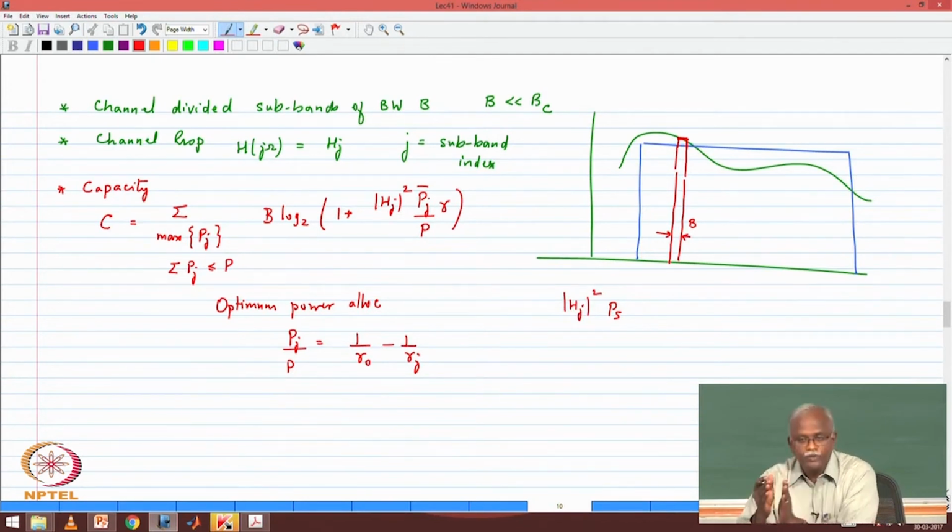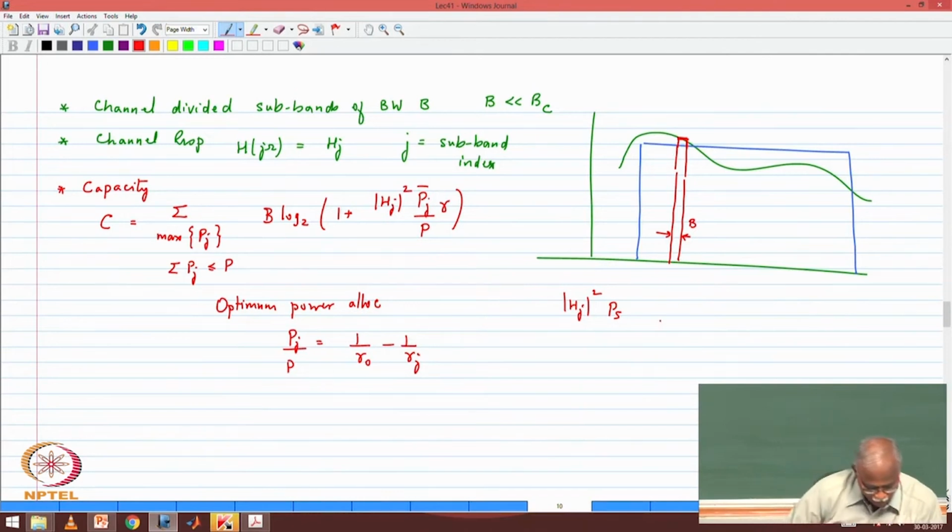Now, over and above that, I may choose to do power allocation. Okay. So, the basic signal power multiplied by the channel gain multiplied by any power allocation that I have done. So, that will be the resultant SNR. So, PS we can assume is constant for all the subbands. Each of the subbands will see a different gain based on Hj, and then I will do power allocation based on that. Okay. Yeah, good question.